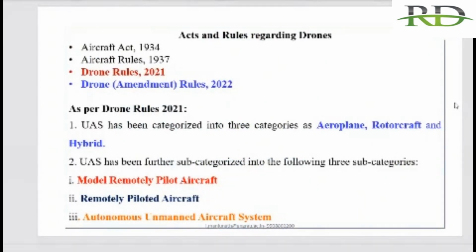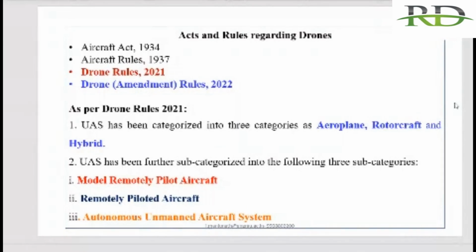Before studying drone activities, we should know about the drone rules. The Drone Rules were released on 5th August 2021. Before the formation of the Drone Rules, we could use any drone at any place, no problem.